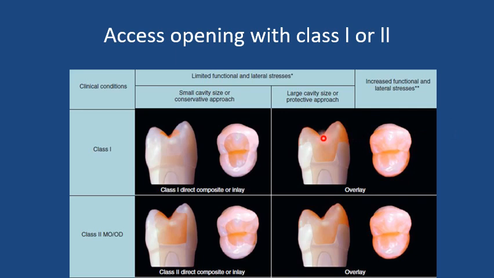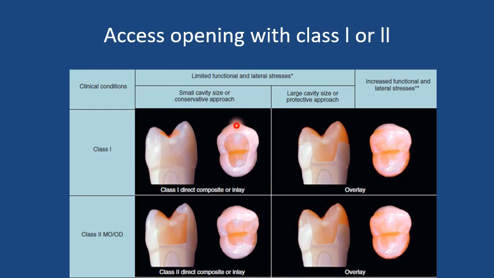These are cases with limited loss of tooth structure, class 1, class 2 or DO, where the thickness of the cavity walls is more than 1/2 millimeter. So the treatment of choice is a direct or indirect restoration without the need for cusp coverage.